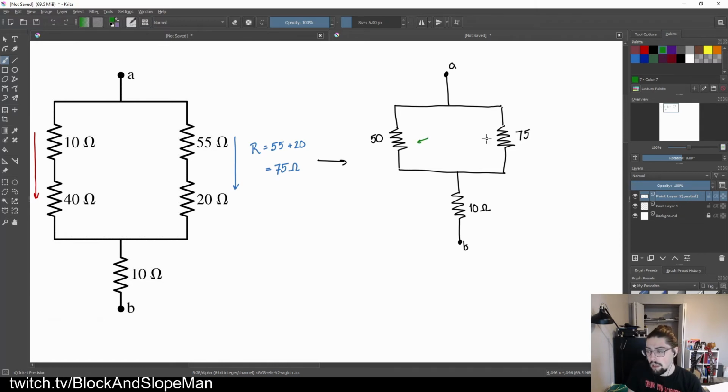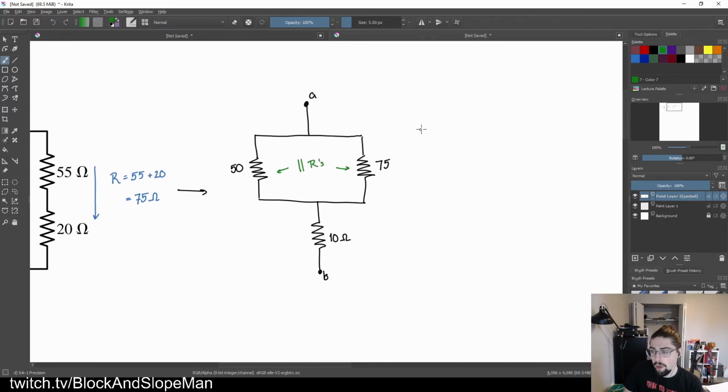So I'm going to say these 2 right here, parallel resistors. So the way to do that is that the equivalent resistance is equal to 1 over 50 plus 1 over 75. And we're about to see something that's really interesting.